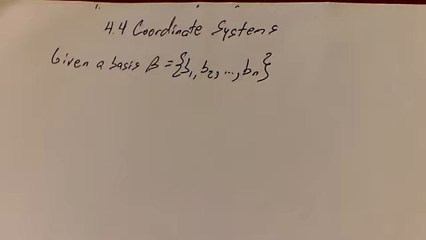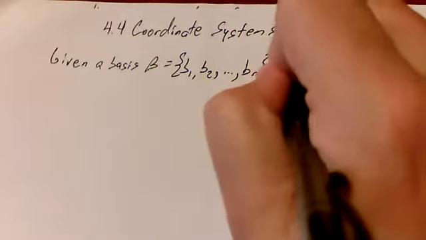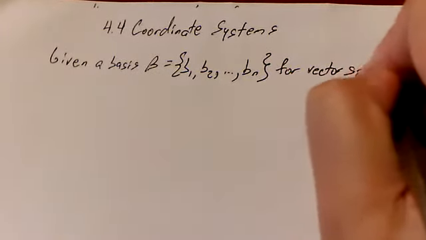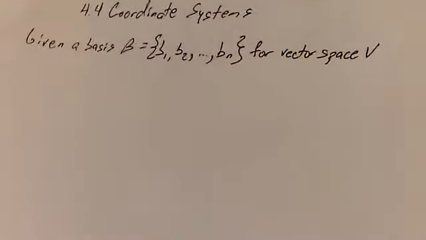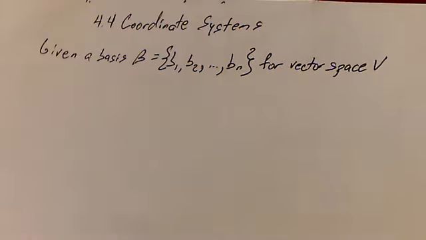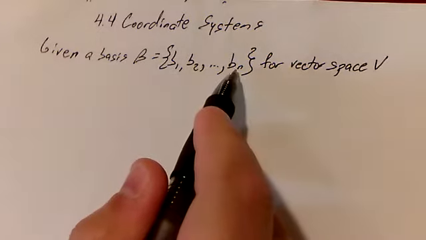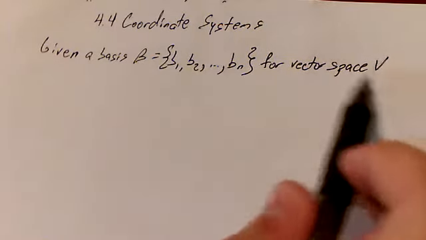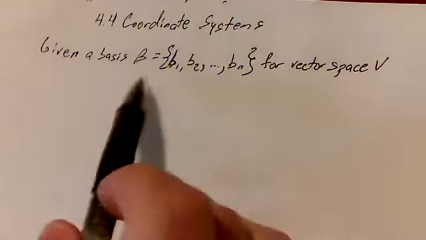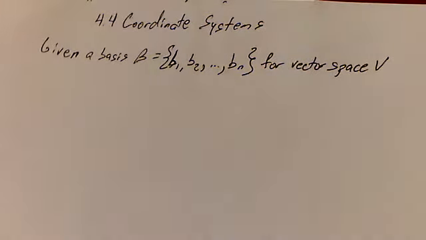So I have n such vectors in my basis B for vector space V. Remember that it's a basis, so this tells us that these vectors are independent and span the entire space V. Since I have n independent vectors, I know that V is n-dimensional, and that if I set the equation equal to 0, it would have only the trivial solution, things like that.